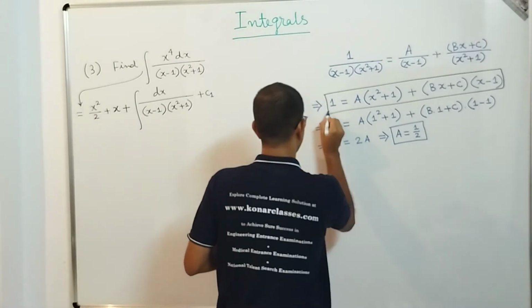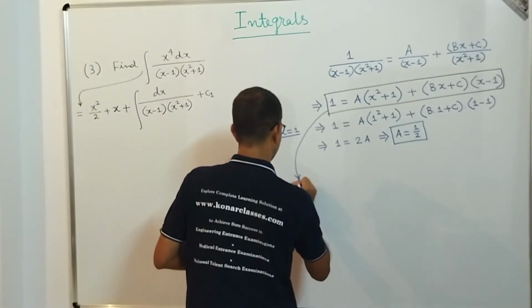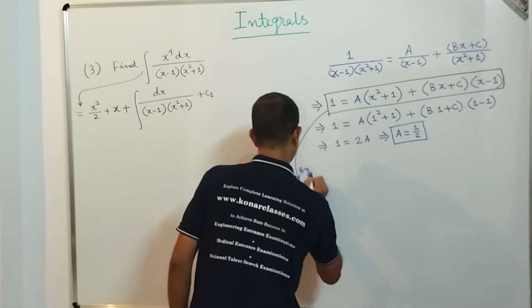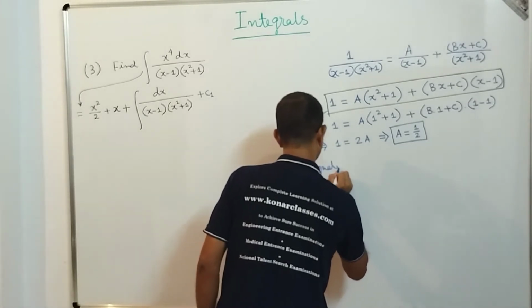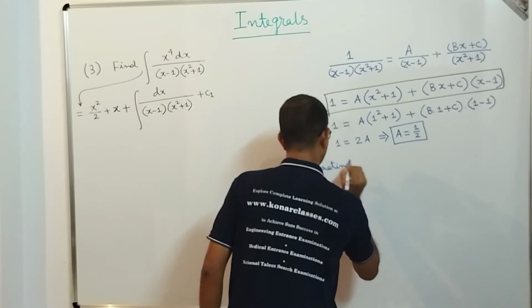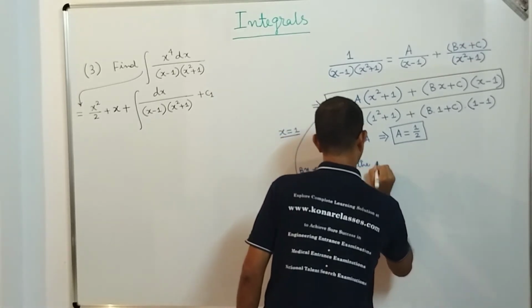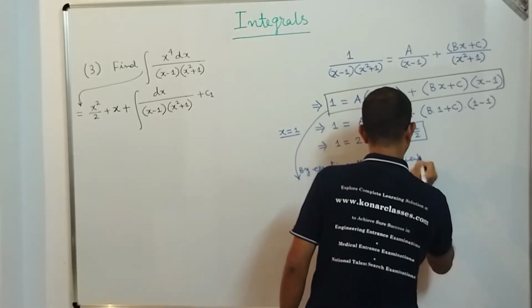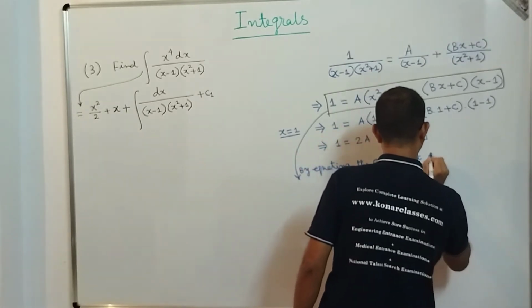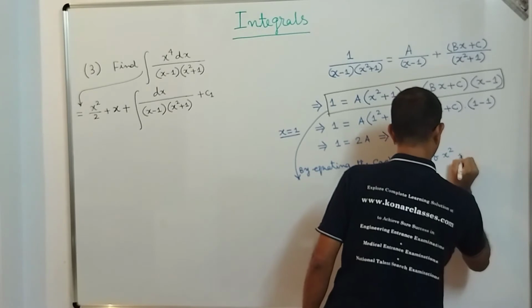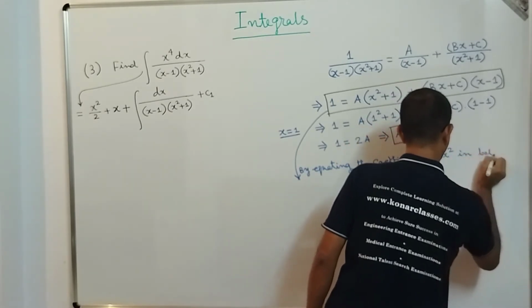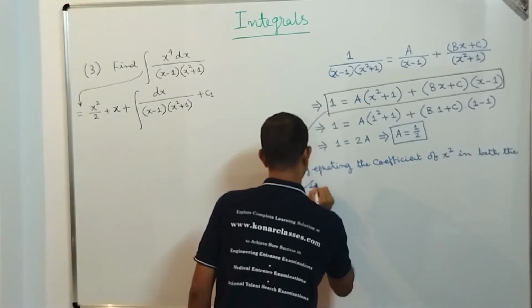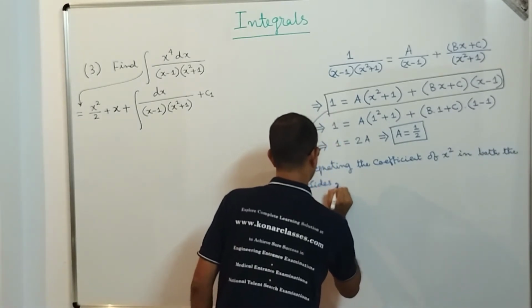So by equating the coefficients of x square in both the sides, what are we going to get?